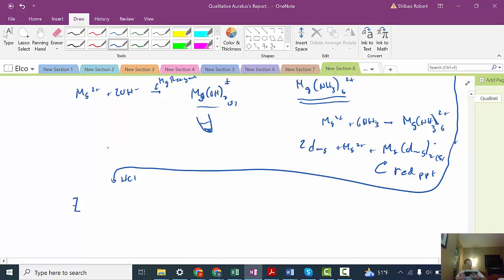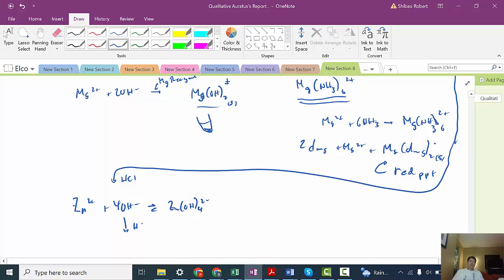Since we're dealing with chapter 19, I'm going to do it this way. So we have Zn2 plus and 4 hydroxides, which is going to yield Zn(OH)4 2 minus.